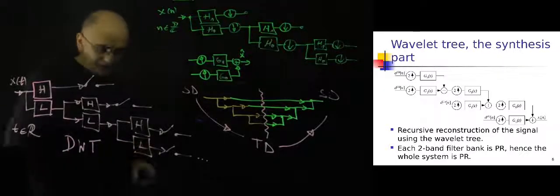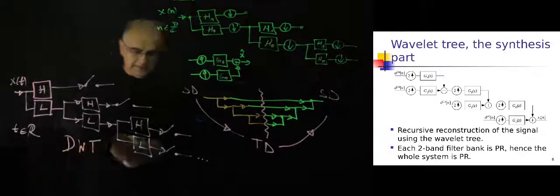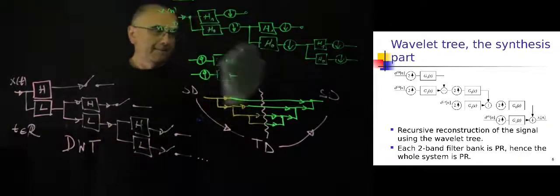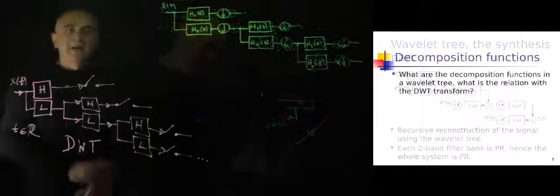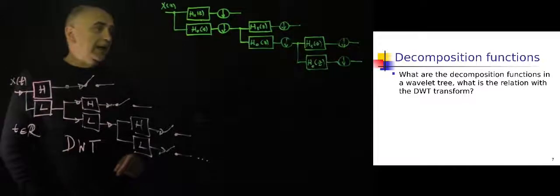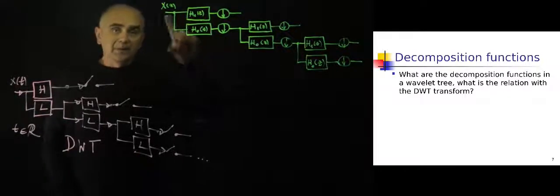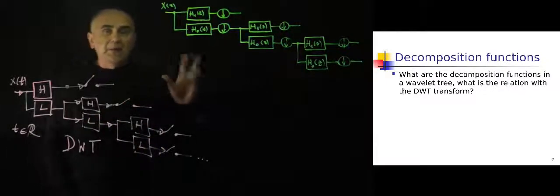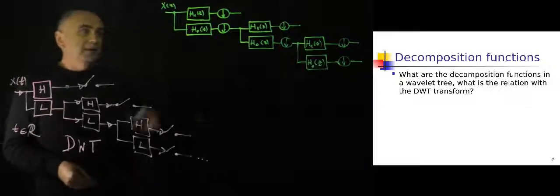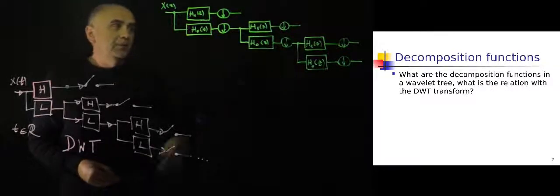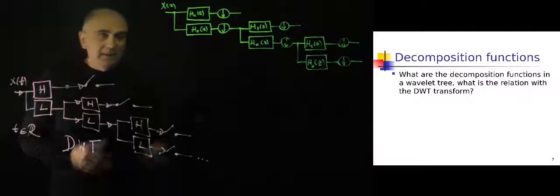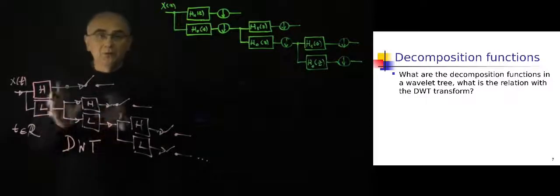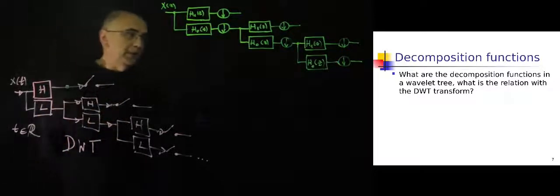I'm gonna clear some place right here, so I will show you what is my plan. I have cleaned the light board and redrawn my filter bank, but right now it's in Z domain. So what is the question? The question is actually which decomposition functions we have and how to bring it in relation with the real analog wavelet filter bank.